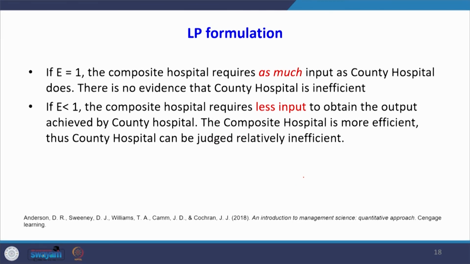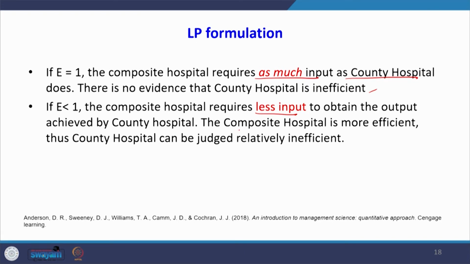Now, we will go for the LP formulation. If E equal to 1, the composite hospital requires as much input as the county hospital does. So, there is no evidence that the county hospital is inefficient. But if E is less than 1, the composite hospital requires less input to obtain the output achieved by the county hospital.